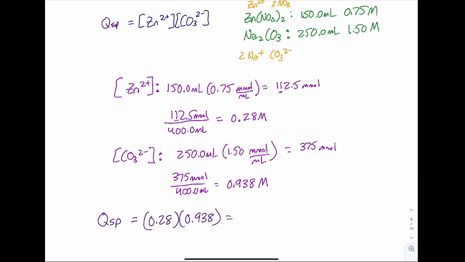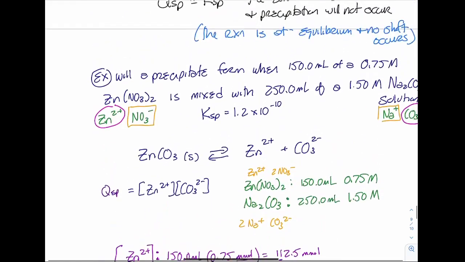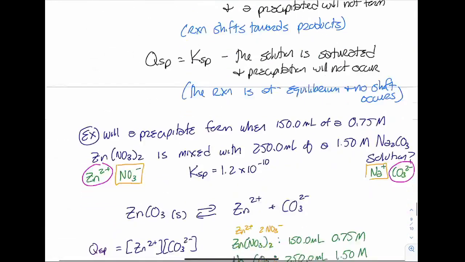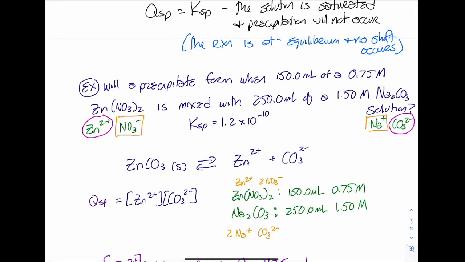So I'm typing this into my calculator and I get 0.26. So if we go up here, oops, sorry, I went way too far. I'm just going to copy this number down.